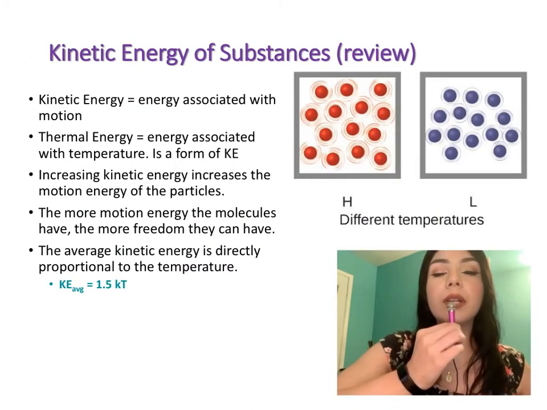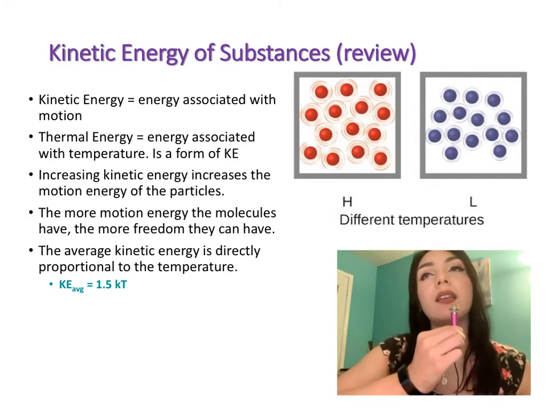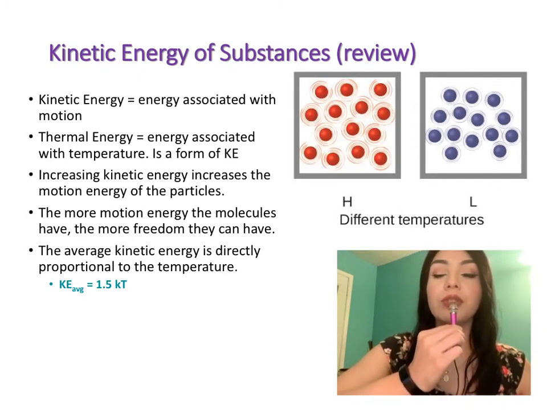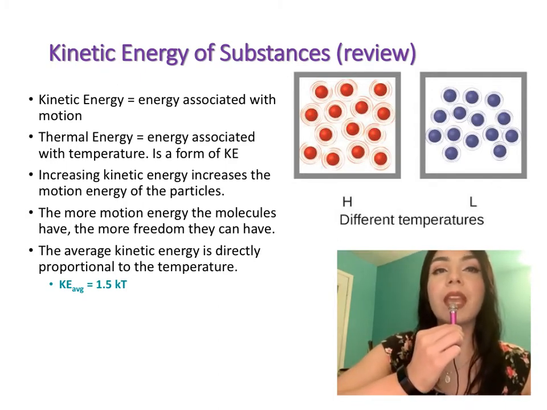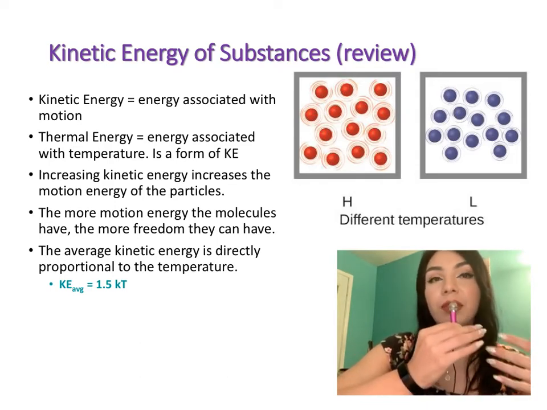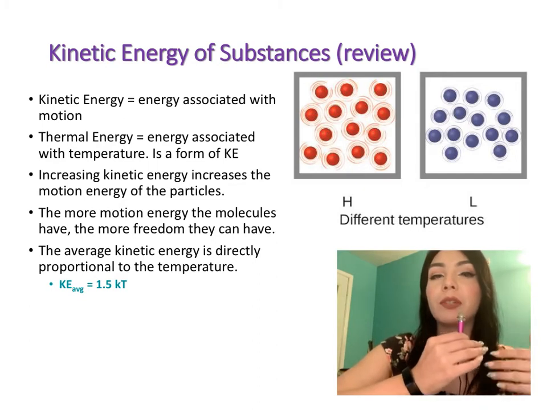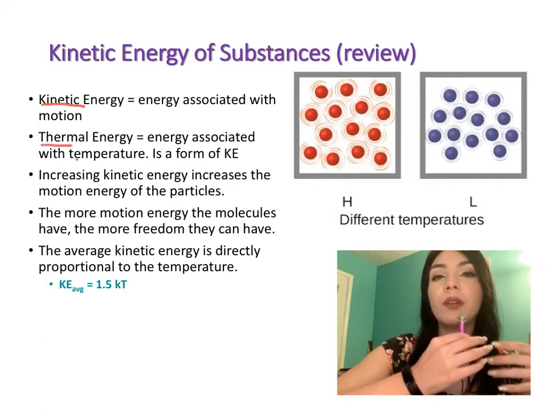So now we're going to quickly review kinetic energy. We learned about this way back in the thermochemistry chapter, which was chapter 5 in Chem 1. There are three things you should take away from this particular slide: kinetic energy, thermal energy, and temperature. Kinetic energy is the energy associated with motion.